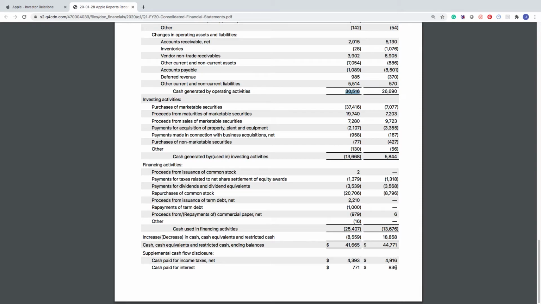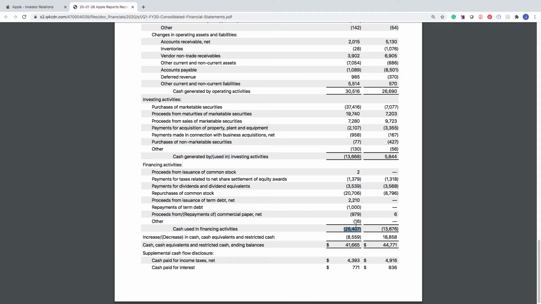But if you look at the net change in cash for Apple for 2019, it was minus 8.5 billion. So what does that mean? What that means is that Apple effectively spent $38 billion on its investing activities and its financing activities.